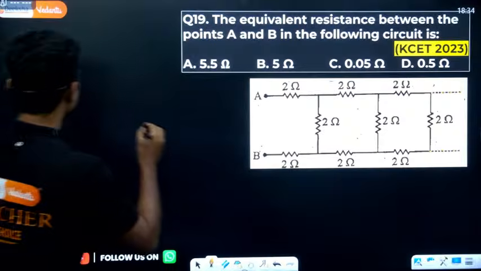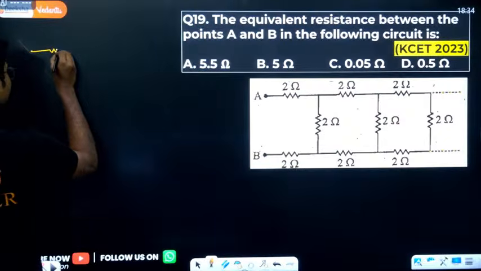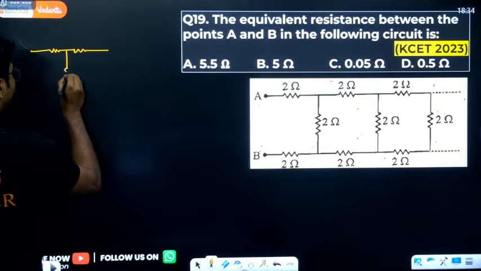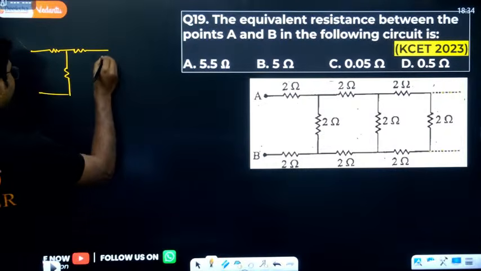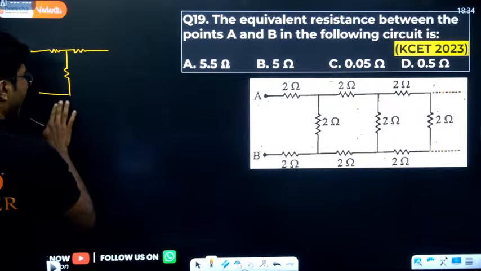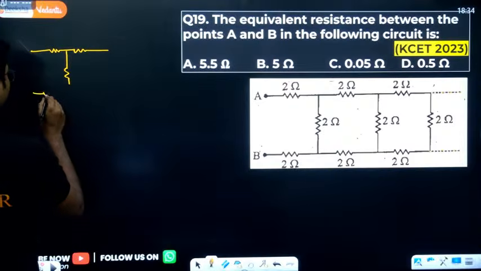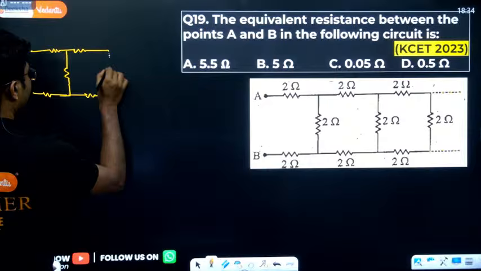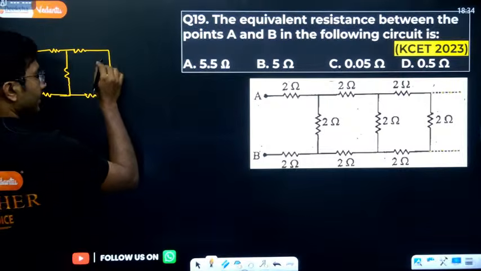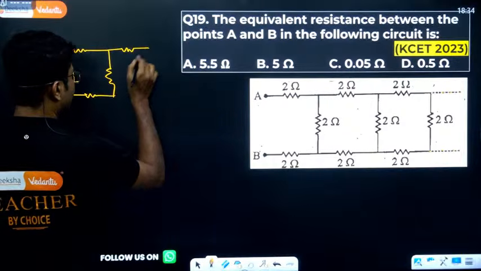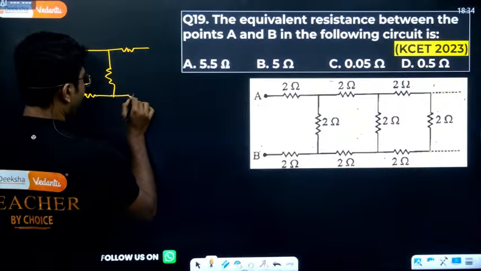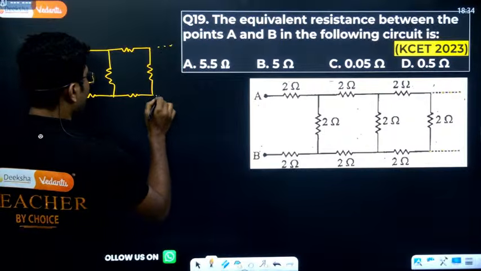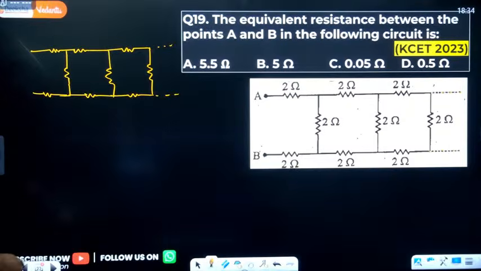So basically, suppose we have an infinite circuit like this. Let me redraw it so that I can show you what I am trying to say. So this is the circuit, right?